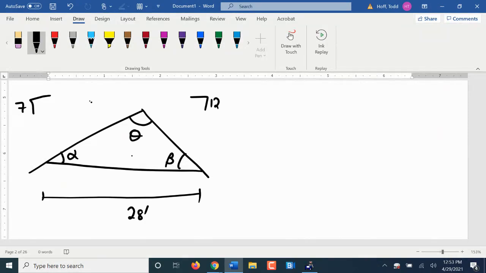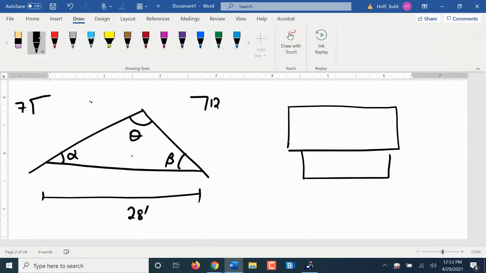I want to find all those angles, and then, assuming this roof sits on a building, let's say the length of the building is 36 feet with a 1-foot lookout on each end. So if there's a 1-foot lookout on each end, 36 plus 1 and plus another 1 means that roof has a run of 38 feet. So we're going to find our 3 angles, and we're going to find total roof area again.